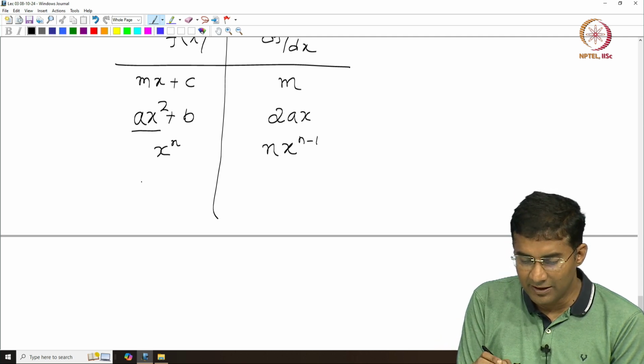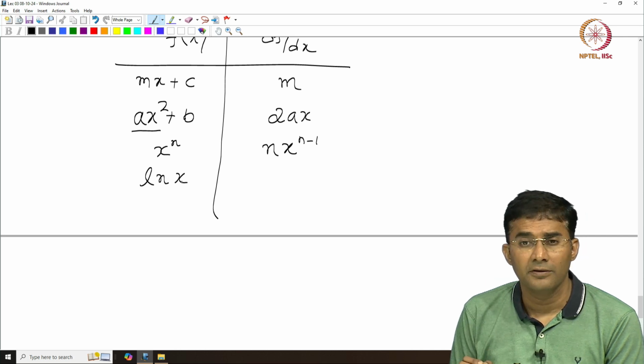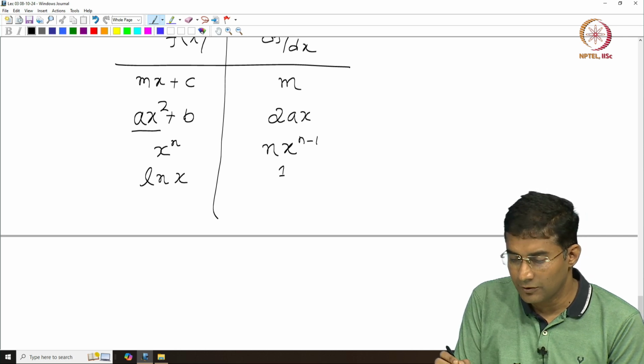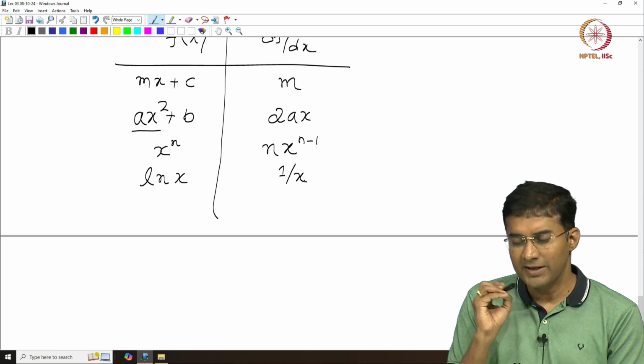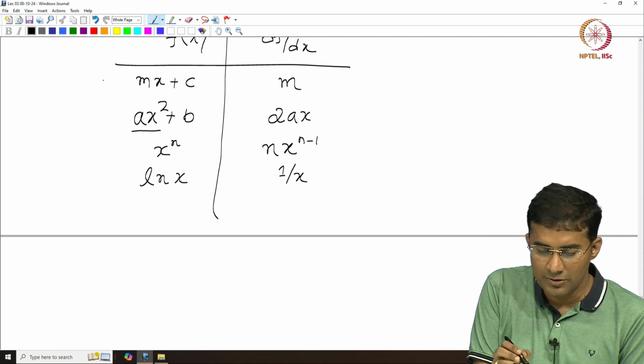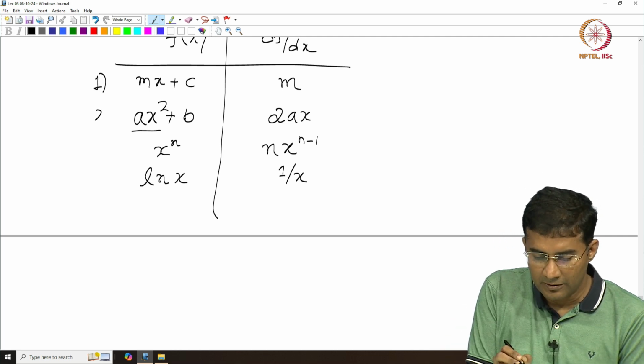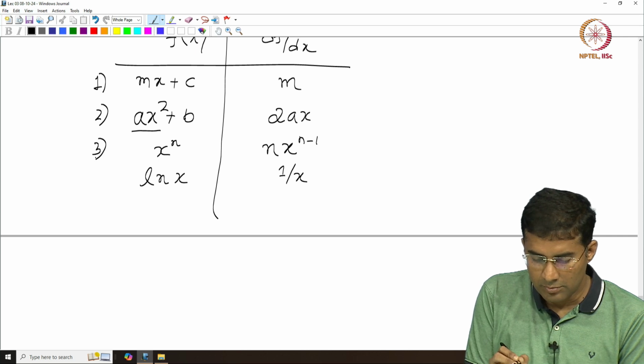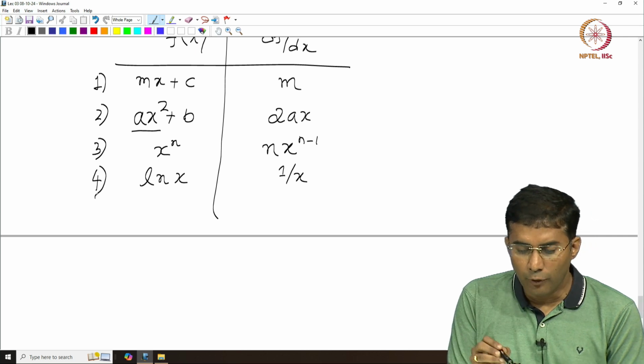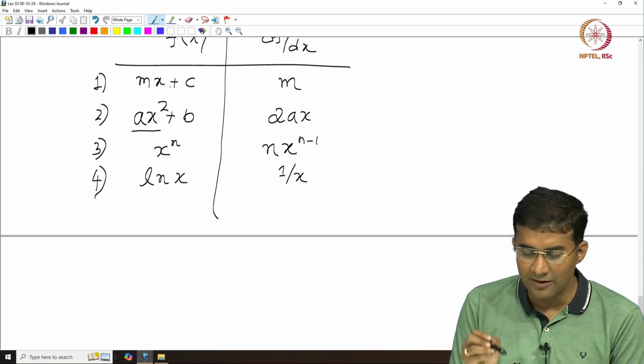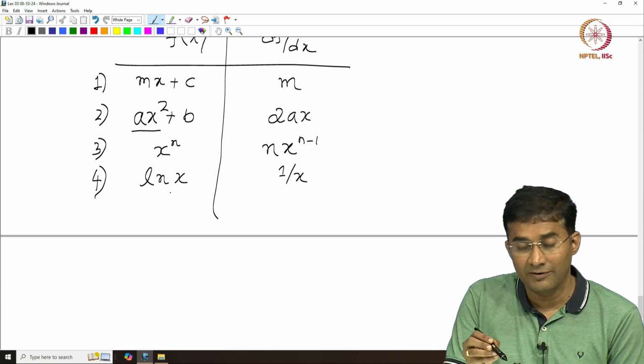On the other hand, if we think of the logarithm of x, the derivative of this function is 1 over x. Here is an important contrast you must note. The quadratic function, the linear function, and the logarithmic function were all increasing.